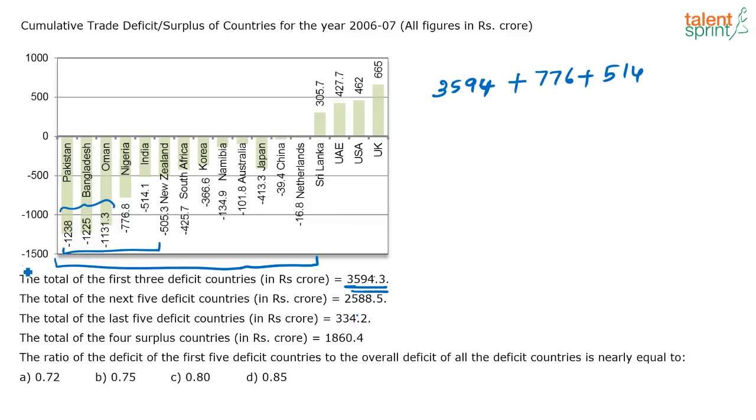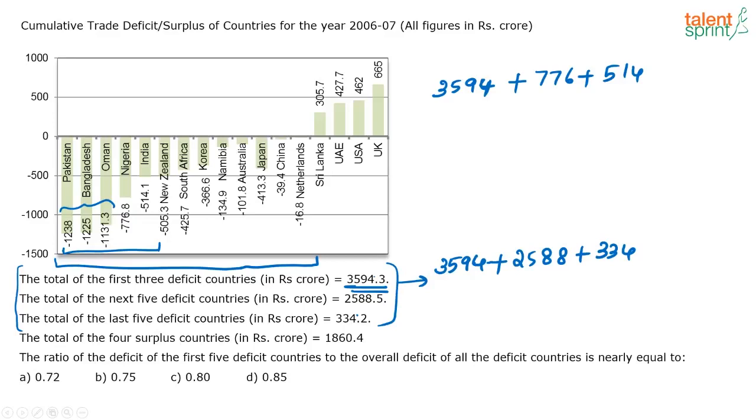So, 3, 5, 5, they have split and given the total. So to find the total deficit, you just have to add these again: 3594 plus 2588 plus 334. You add this, you will get the total deficit. And if you add the earlier figures, you will get the deficit of the first 5 countries.